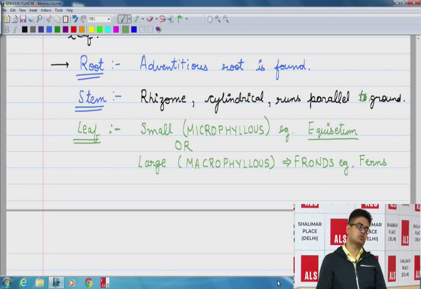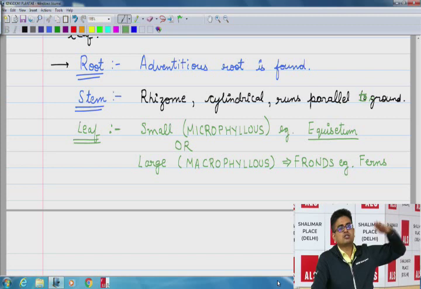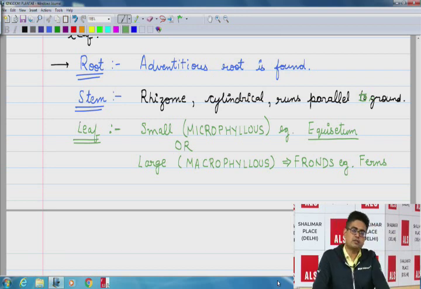Some years ago, there was a question asked in the NEET examination, that if there is a forest fire and all the plants are burned out, which plants will be first seen after the forest fire? The answer is pteridophytes. Why? Because pteridophytes have almost underground or parallel to the ground stem. So underground part will remain. Over all the things that are above the surface of soil, they will be burnt in forest fire.